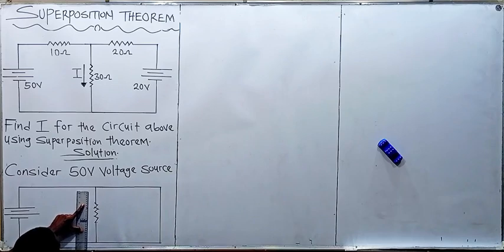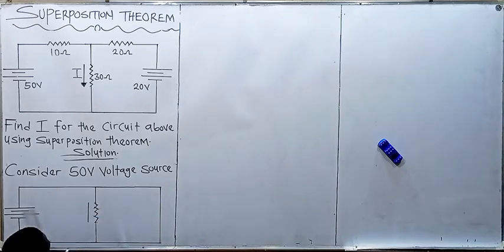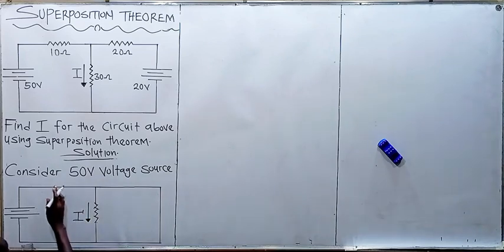So I'm going to consider this to be our I1, or let's take it as I prime. This is our 10 ohms resistor.